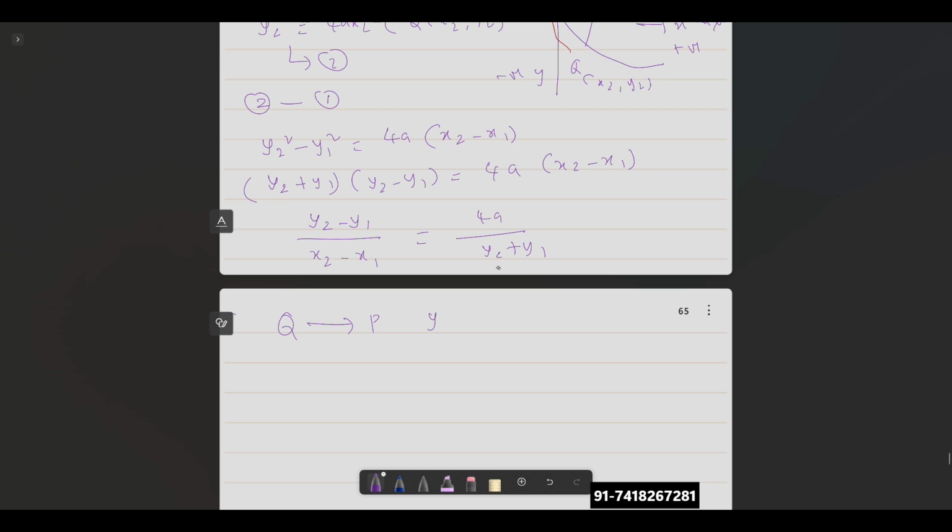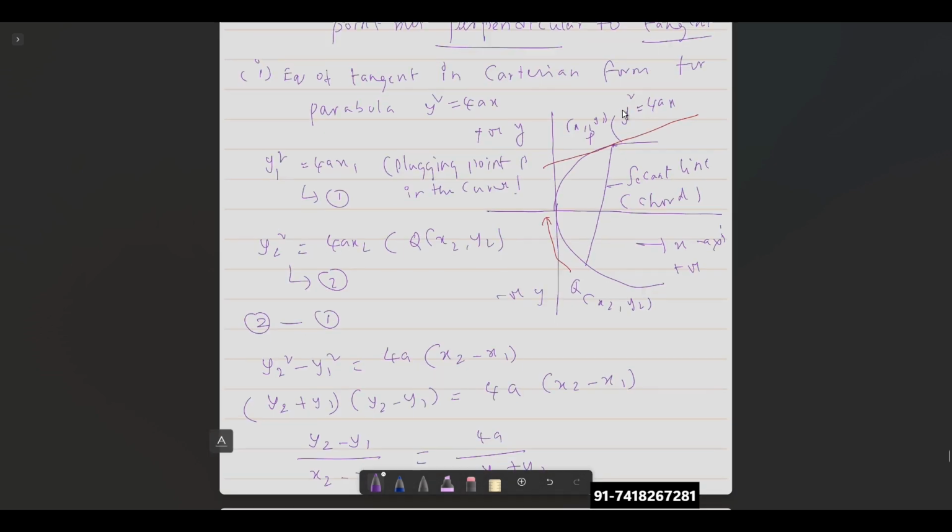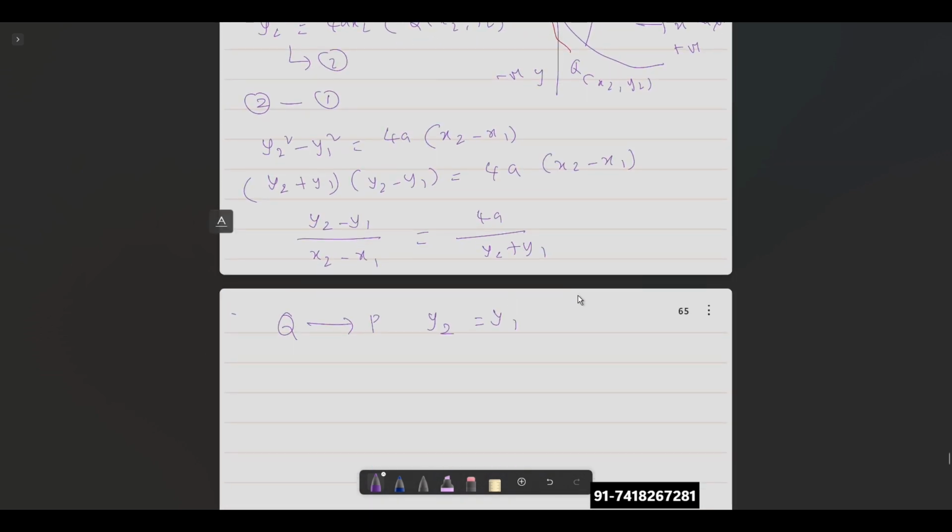If you consider this side, if q tends to p, if q comes to here, naturally this y1 and y2 will be equal. So in that case this is the slope of the secant line, which is equal to, now it becomes the tangent, 4a divided by 2y1.